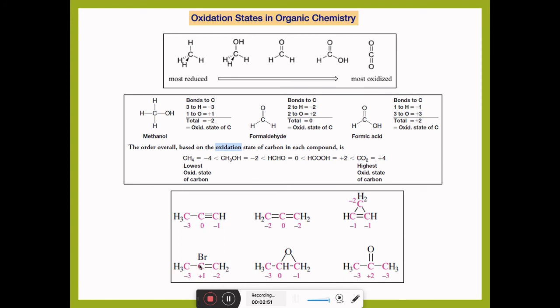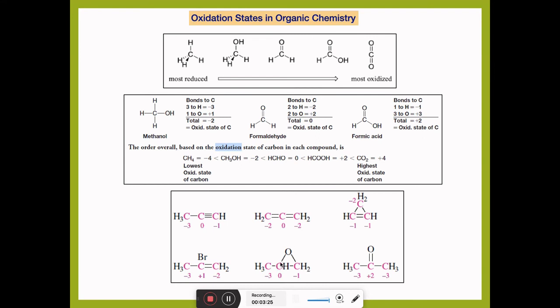In a similar way, in this particular molecule, you have a terminal CH3 group where the oxidation state is minus 3, and at this terminal CH2, we have minus 2 on the carbon because of the presence of 2 hydrogens. But in the middle carbon it is plus 1, because bromine is more electronegative than carbon, so it will contribute a positive charge on the carbon, and that's why it is plus 1.